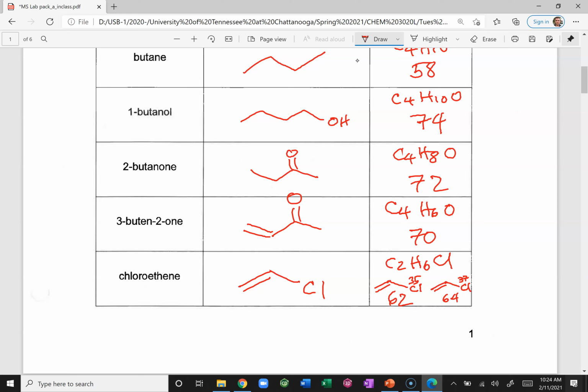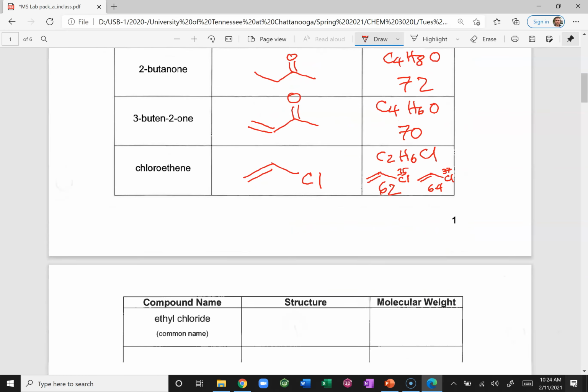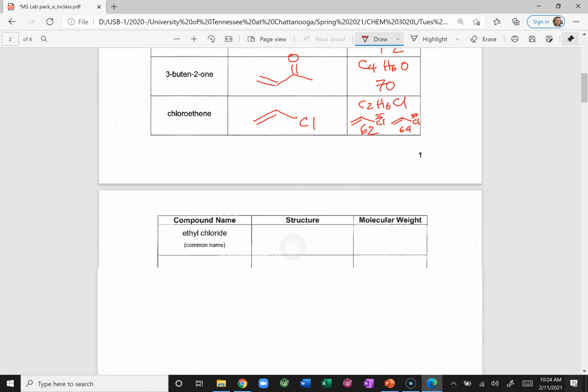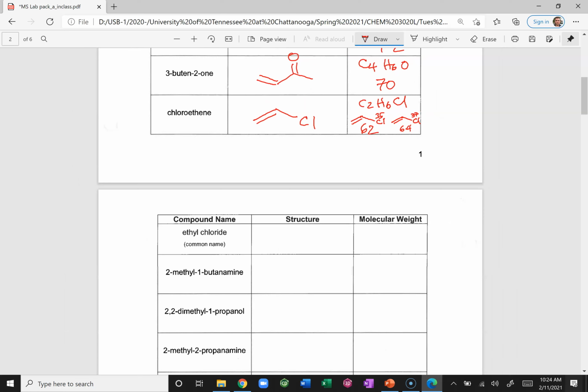All right. So we keep going. I'm going to leave that there. Ethyl chloride looks like this, and this is C2H5Cl, and so we're using 35, so it'll be 64.